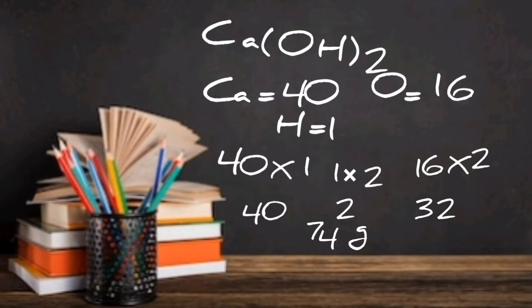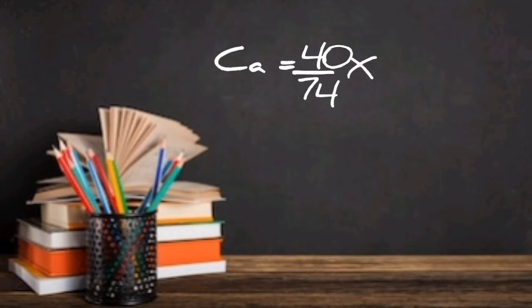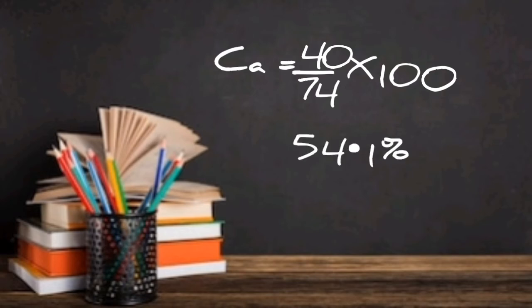So to get the percentage composition by mass of calcium, we are going to say 40 divided by 74 times 100. We are going to get 54.1%.